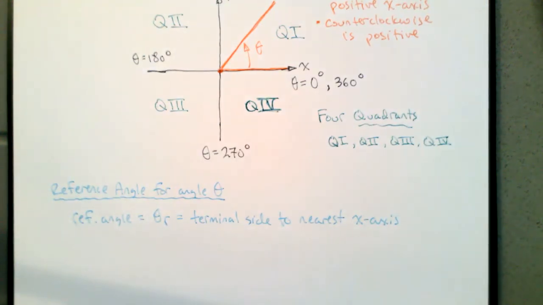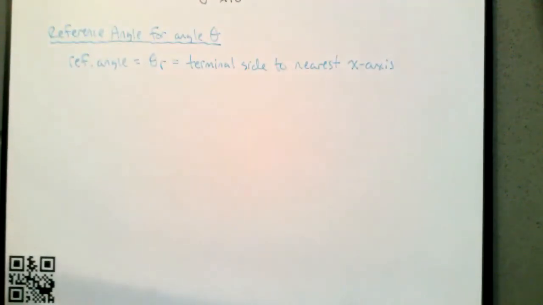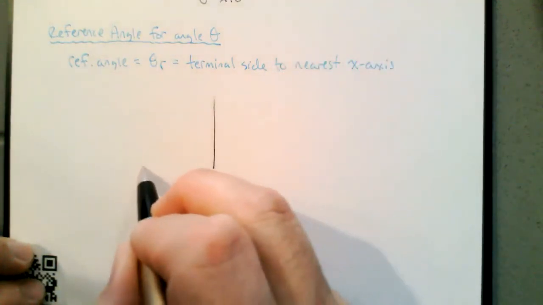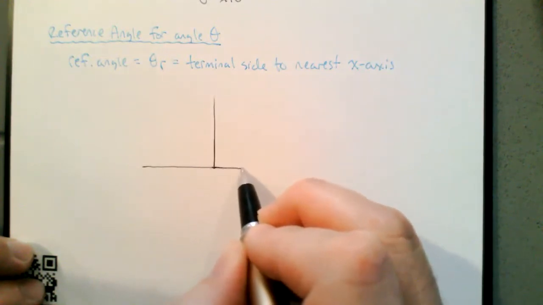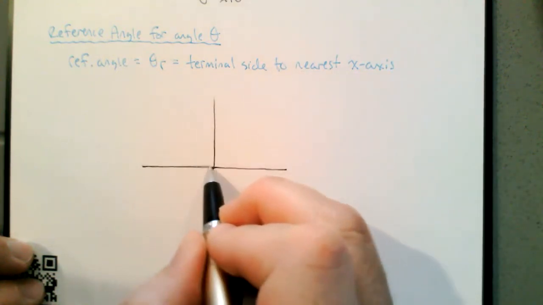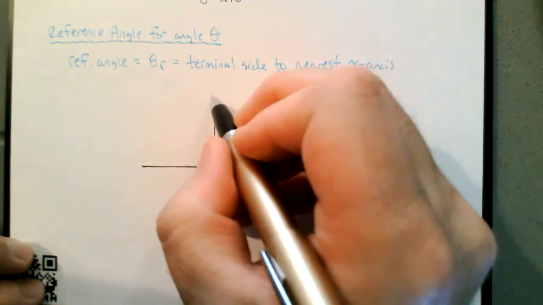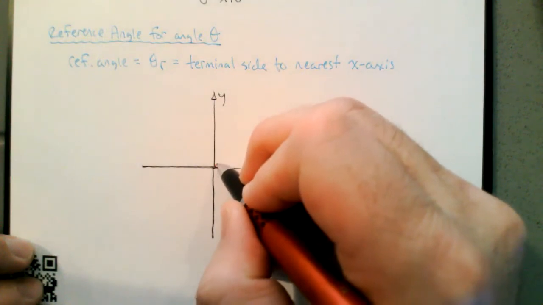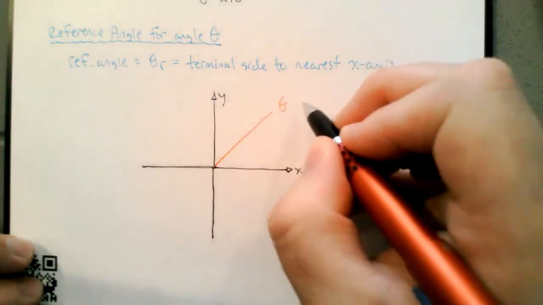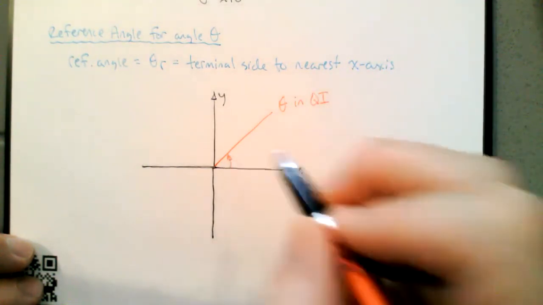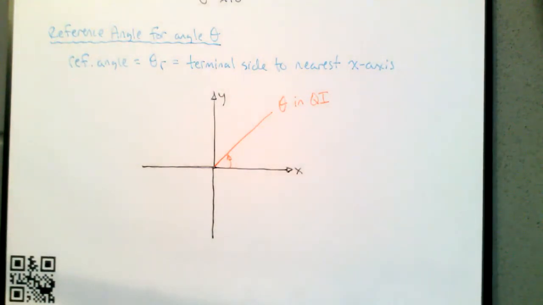So let's draw a set of axes. If I have a theta in the first quadrant, the reference angle goes from the terminal side to the nearest x-axis.